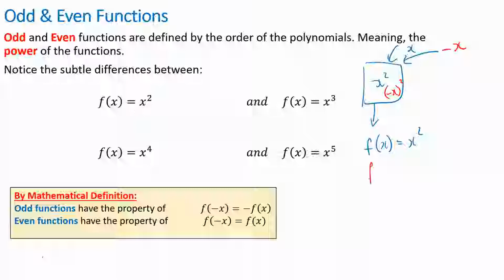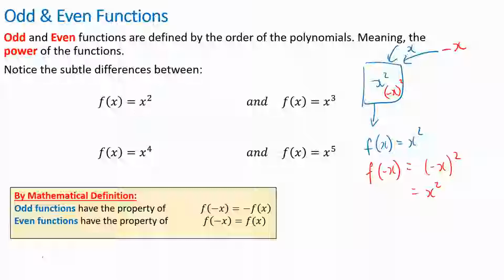So that means now if I do f of negative x, it is equal to negative x squared. But if I simplify this, what does this become? x squared. And it just so happens that f of the one in red, f of negative x, which is x squared, is also the same as the blue, which is f of x. And that fits this definition here. f of negative x is the same as f of x. Hence, even.